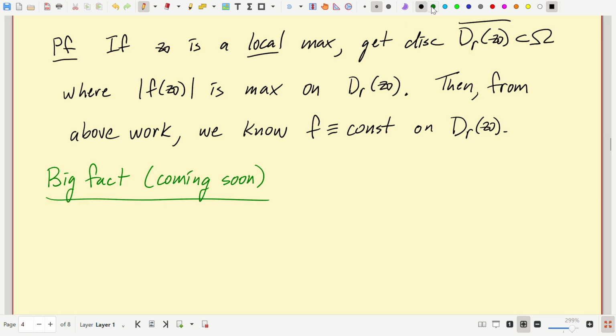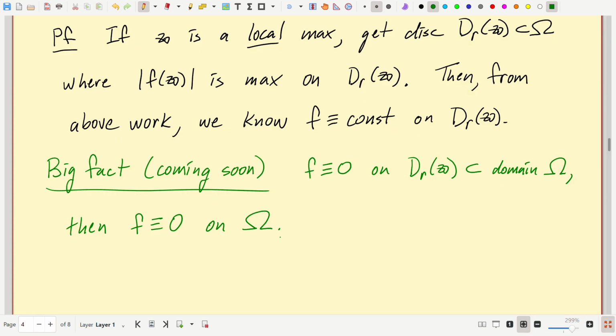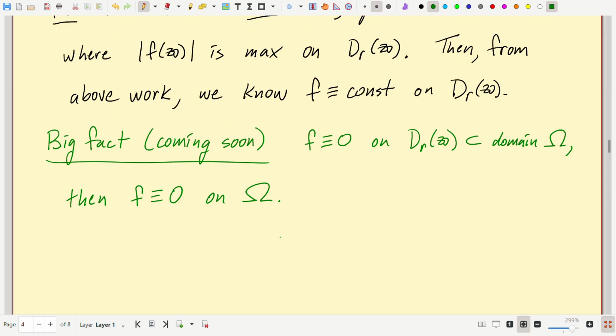So the big fact is if f is identically 0 on a disk, an open set, in the domain omega, then f is identically 0 on omega. Okay, so if it was constant on that little disk, then of course it would have to be constant on the whole thing.